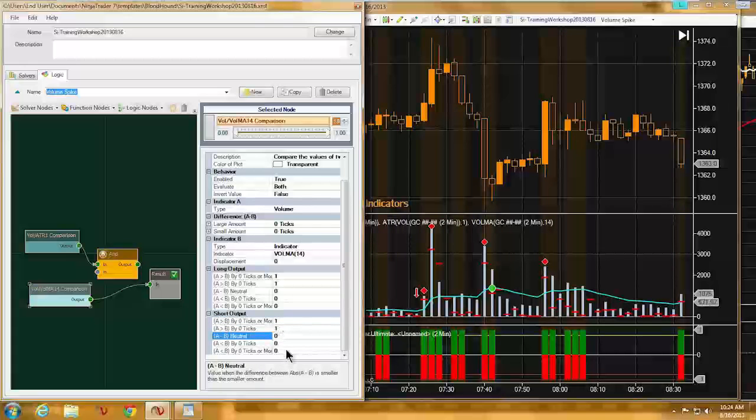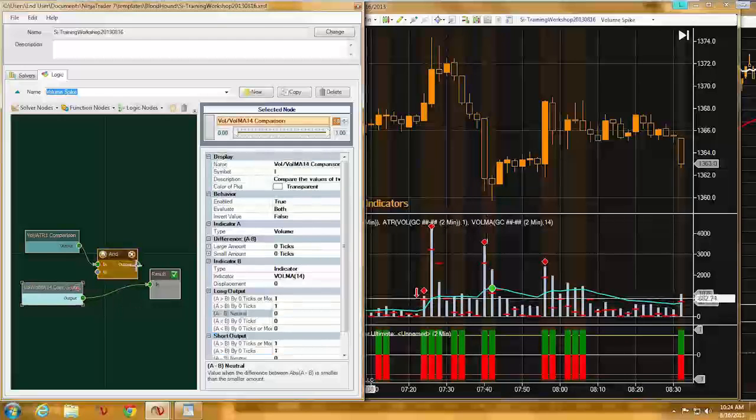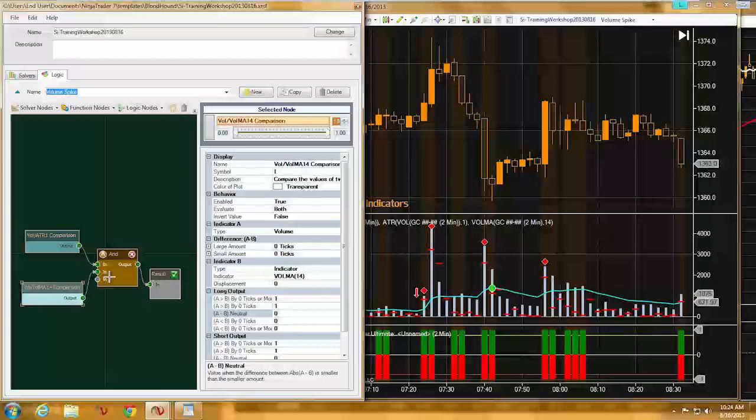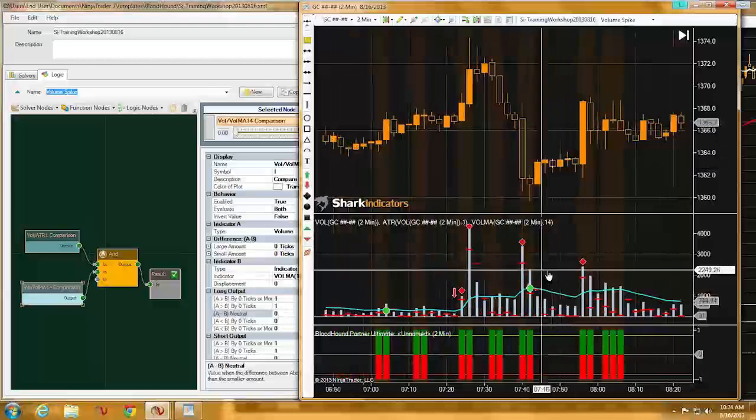There we go. So that looks good. Whenever the volume is above the moving average, we have our signals coming out. So let's take a look at the two together. Okay, great.